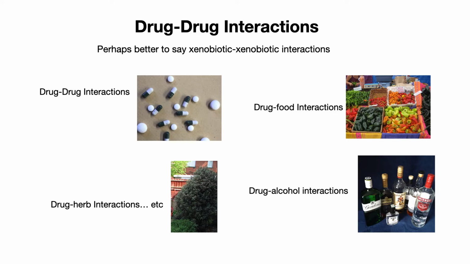I know what you're thinking, food, herbs, alcohol, aren't we kind of splitting hairs here a little bit? Maybe we are. And so we tend to use a more generic term, drug interactions, without actually defining what the drug is interacting with. And I do use that term in this video.